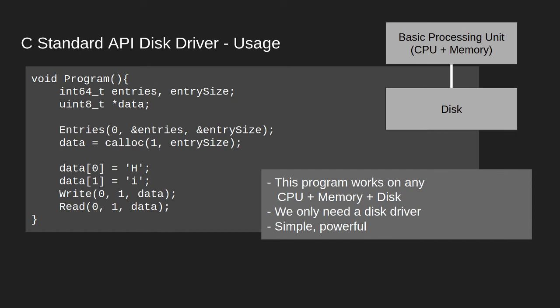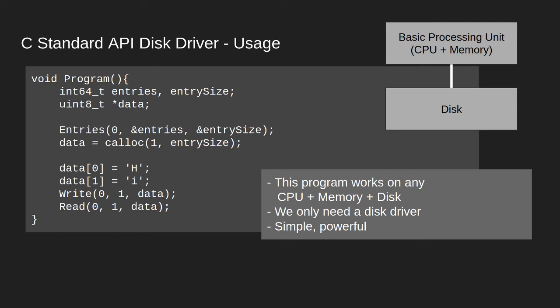So to recap, here we only use a basic processing unit, which means a CPU plus memory, and a disk. An important point here is that this program works on any CPU, memory, and disk. The only thing we need is a disk driver. This disk driver might be going directly towards the actual physical disk, or it might be a more complicated driver, as in this case where we use the C API.